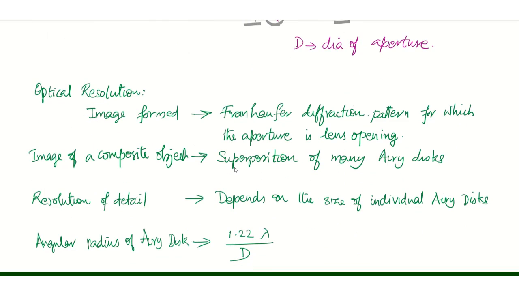The image formed is the Fraunhofer diffraction pattern for which the aperture is the lens opening. We use lenses. The simplest image forming device is a lens, or let's say a concave mirror.